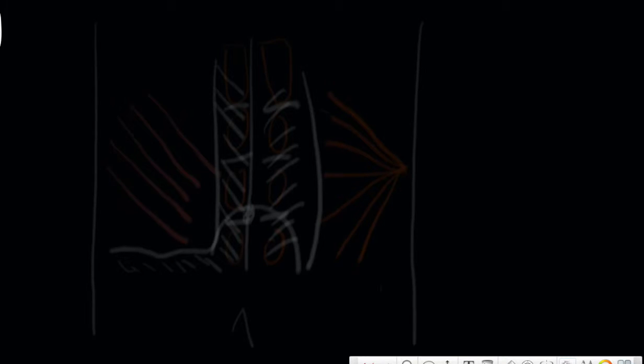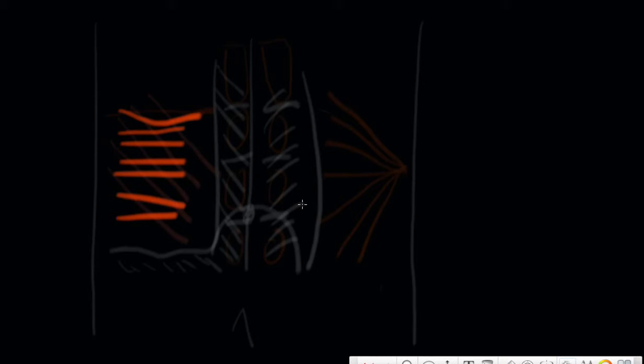The transversus abdominis runs deep to all of these muscles, and it runs horizontally. The fibers run horizontally across on both sides.